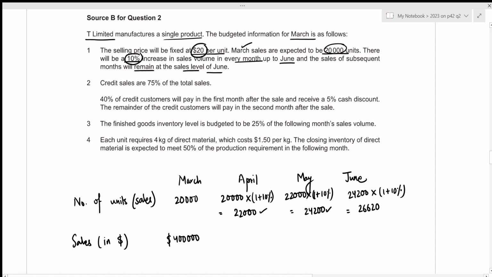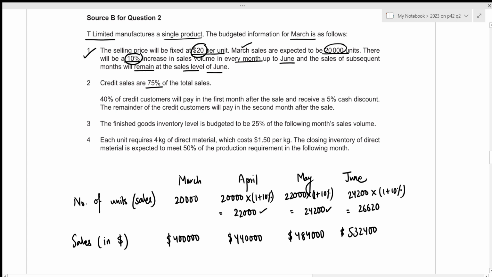For the month of April, that will be 22,000 times 20, which results in 440,000. For the month of May, that will be 24,200 times 20, which results in 484,000. And for the month of June, that is 26,620 times 20, which results in 532,400. Okay, we're done with the first information.